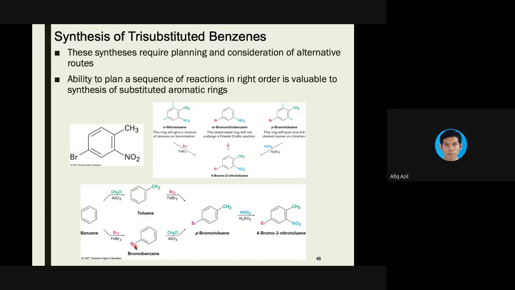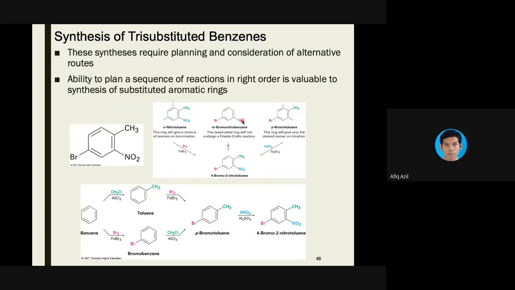You can put the alkyl group at the para position. Then the last one will be nitration. So for nitration, between bromine and alkyl group, the CH3 methyl group has higher reactivity. So it will be followed, so it has ortho and para. Para is not freely available. So you can put your NO2 at the ortho position. Okay.